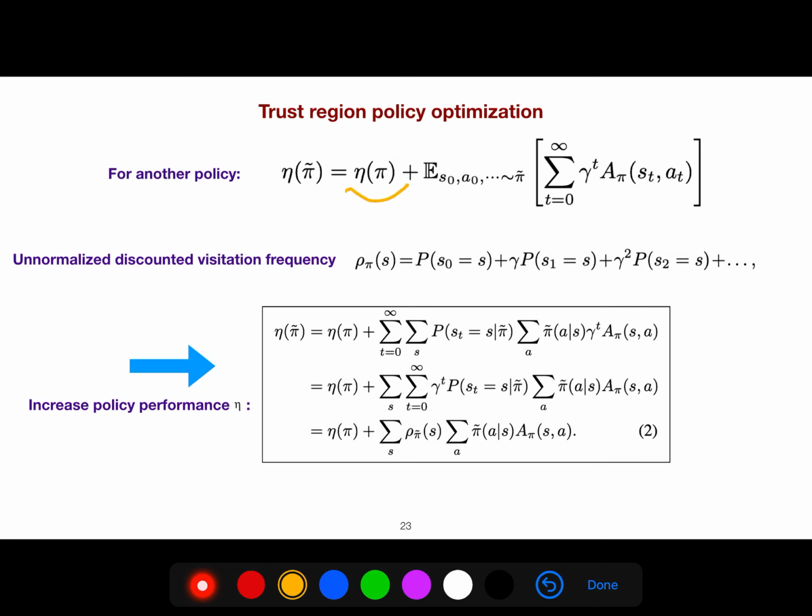And so from one policy, you go to the other policy. From policy pi, you go to policy pi tilde, and you see the effect of that. This is called policy performance, and you can increase your policy performance, eta.